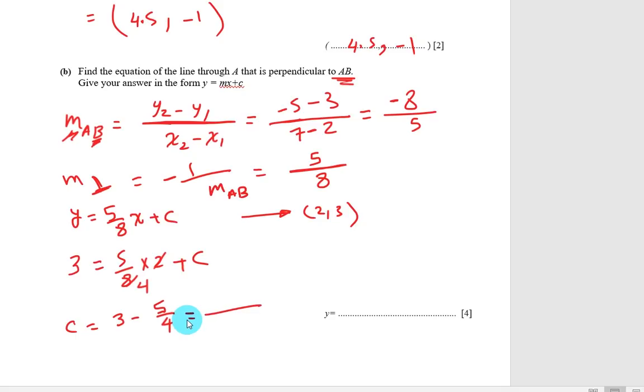So c is equal to 7 over 4. So the equation now is y equals 5 over 8 x plus 7 over 4.